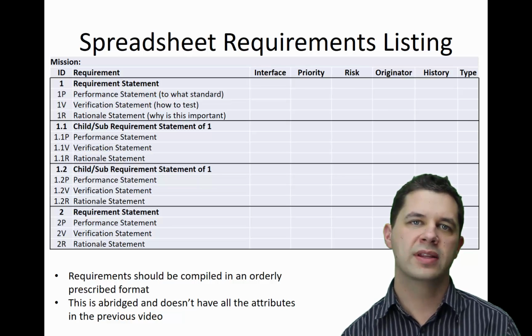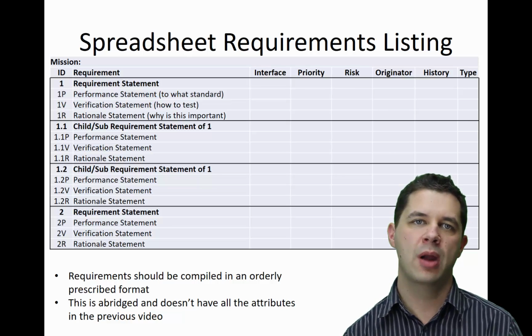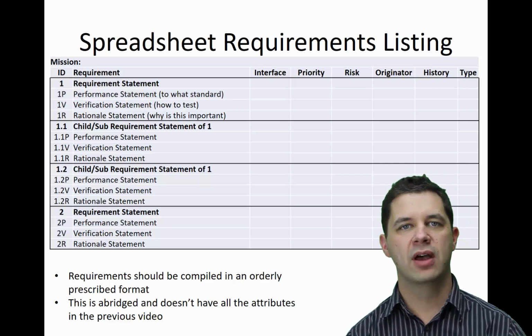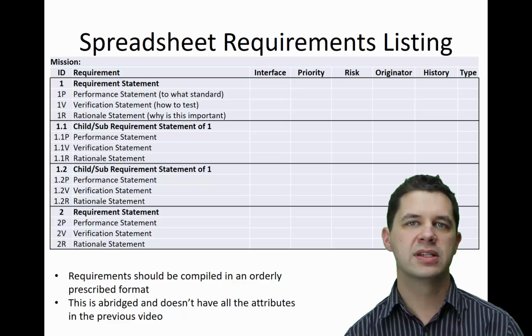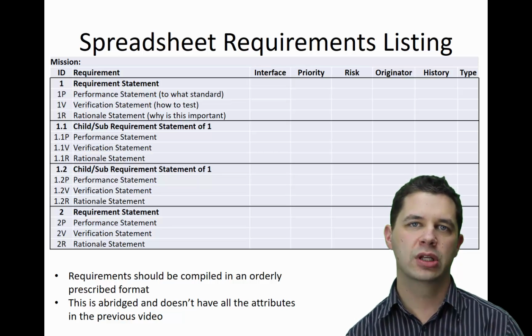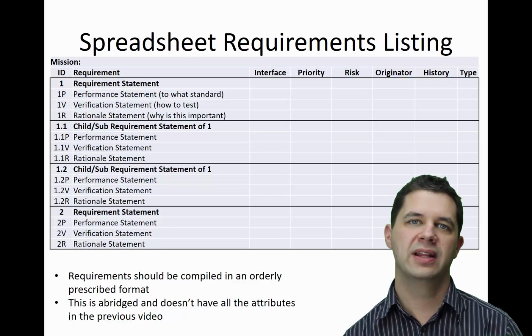So here we've got our requirements, each with its unique primary ID. Then we have what the requirement actually is, and we could have a short name for this requirement as well. We have the interface, or what part of our work breakdown structure, for example, this would actually relate to. We then have our priority, how important is this, and our risk associated with the requirement.